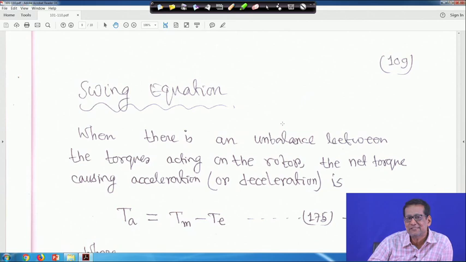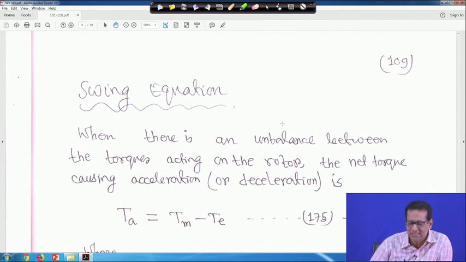Here also we will see the same thing, but step by step, because we have to develop the synchronous machine model completely, as far as it is possible as a classroom exercise. Slowly, step by step, we will develop this. So, we will start from the swing equation, because that is most important for the synchronous machine.